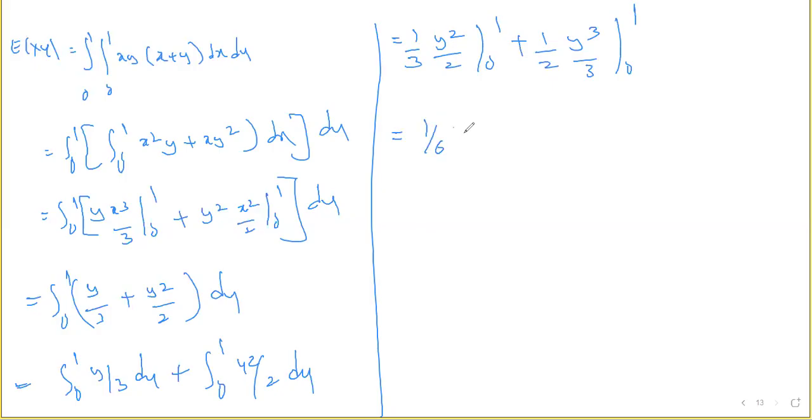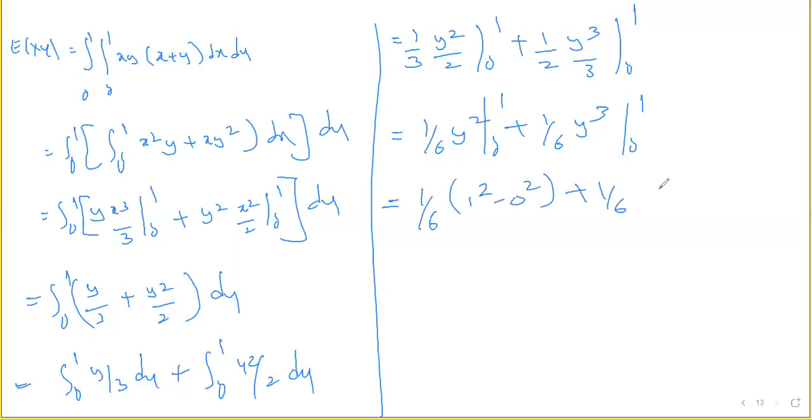So this is 1 by 6 y square plus 1 by 6 y cube, here 0 to 1, here also 0 to 1. So 1 by 6 into 1 square minus 0 square, plus 1 by 6 into 1 cube minus 0 cube. So this is 1 by 6 plus 1 by 6, which is 2 by 6. The answer is 1 by 3.